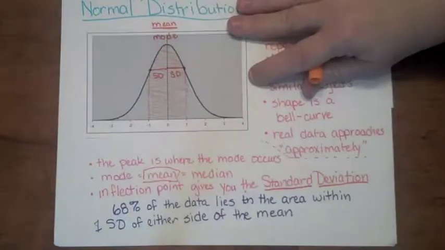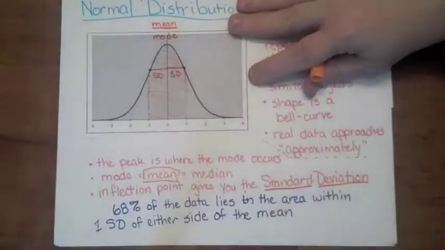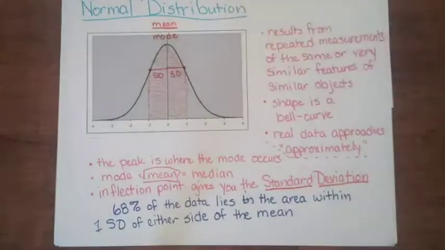Okay? Which means the other 32% are somewhere out in the tails. That's a very important part to remember, and I'm hoping you wrote that down.